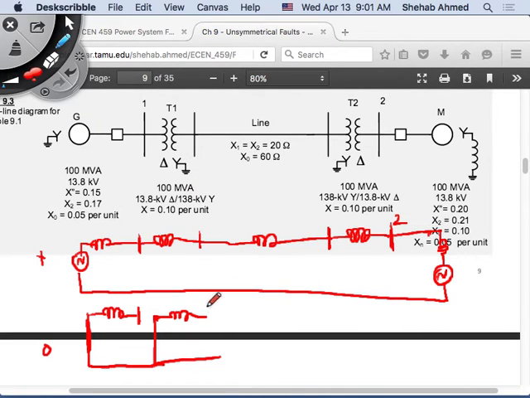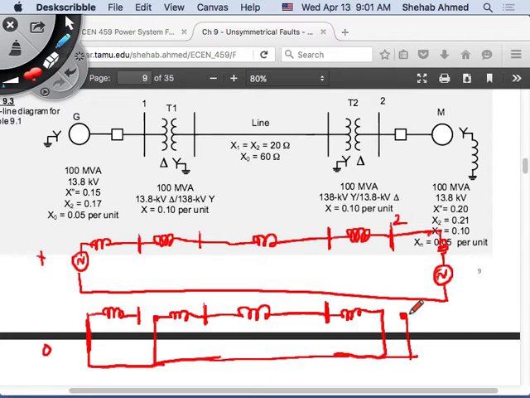And then you have a transmission line, and then you have here star delta. So star delta impedance like this, and then open circuit on the other side, and then you have your motor's impedance, and then the motor's 3Zn because it has a neutral connection to ground through an impedance, right? So this is what the zero sequence circuit will look like.